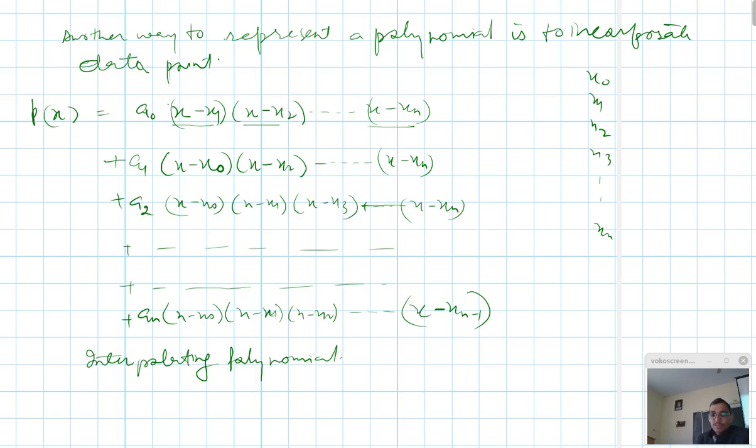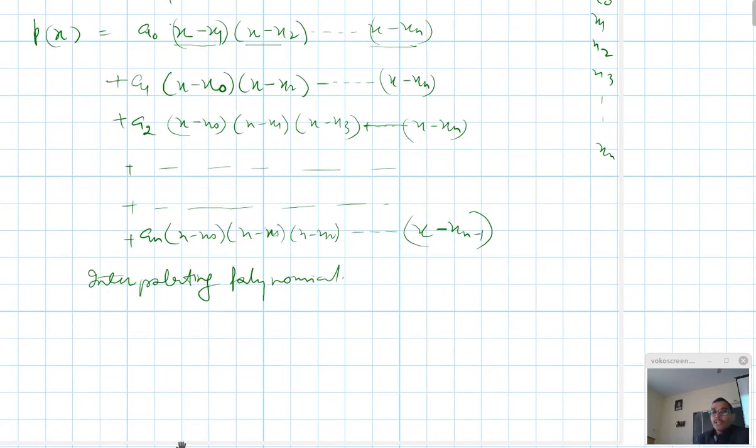So this polynomial is used in Lagrange's interpolation polynomial method.